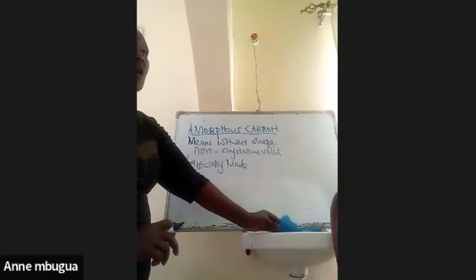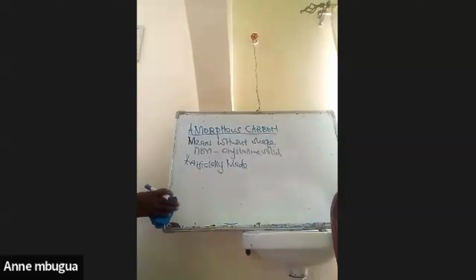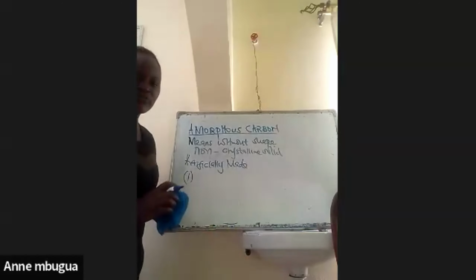So which are these main ones? Which are these amorphous forms of carbon? We have quite a number of them that I'm going to go through.